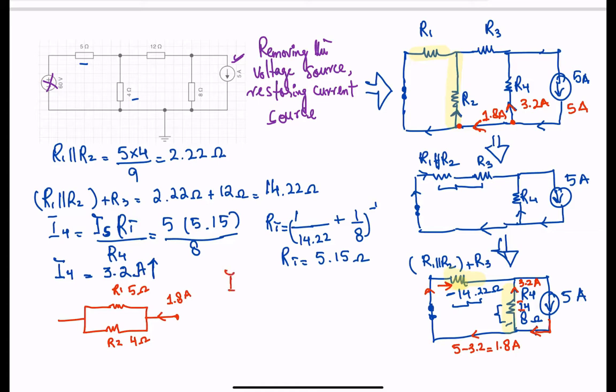I'm going to start off with I1. I1 is equal to, first, let's find the total resistance. Because these two are in parallel, it's 5 times 4, which is 20, and 20 divided by 9 is going to give you 2.22 ohms.